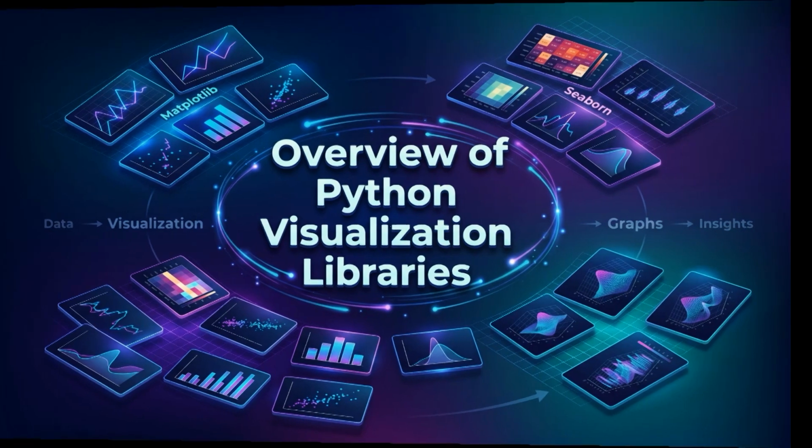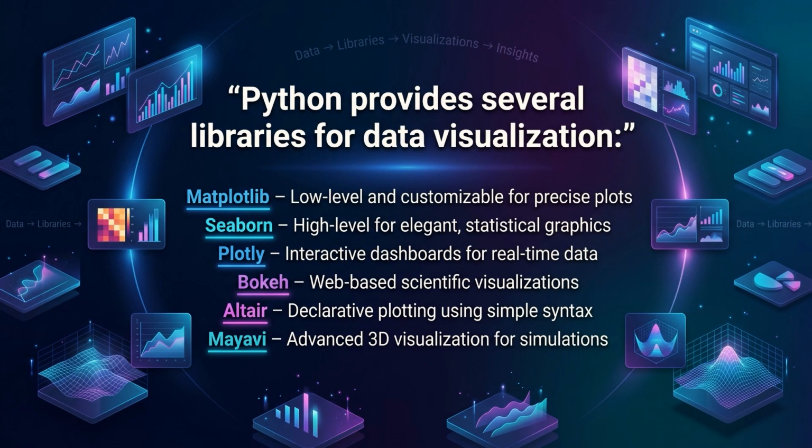Python provides several libraries for data visualization. Number 1, Matplotlib, low level and customizable for precise plots. Number 2, Seaborn, high level for elegant and statistical graphics. Number 3, Plotly, interactive dashboards for real-time data. Number 4, Bokeh, web-based scientific visualizations.